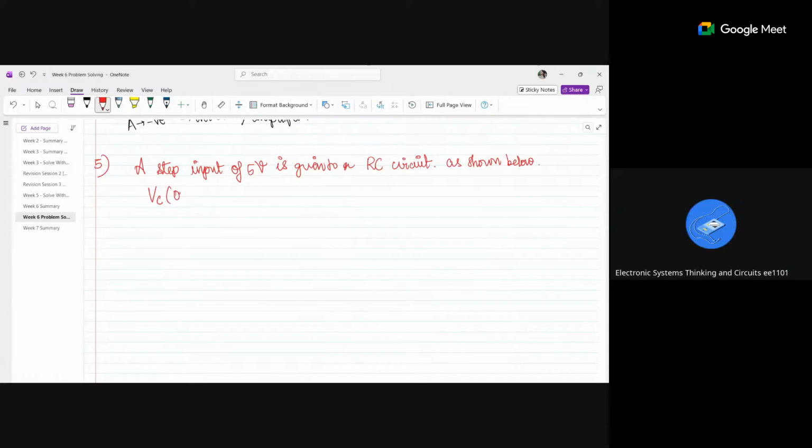Voltage across the capacitor at time t equal to 0 is 2.5 volt. Find Vc of t. There is a circuit also.